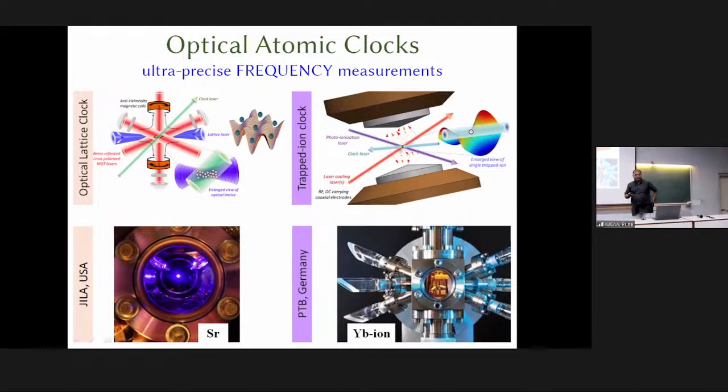There are two types of optical clocks. Forget about nuclear transitions at this moment. These have been realized quite a bit in two places in the world. One is based on neutral atoms, and the other is based on ions. What does that mean?